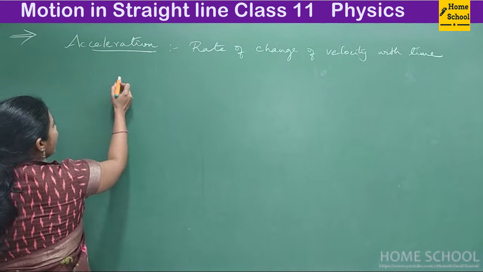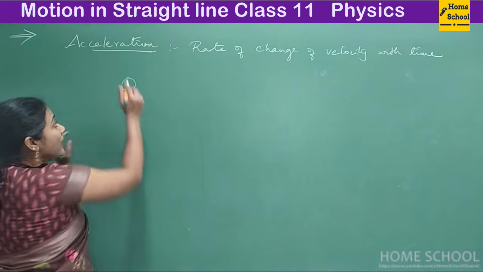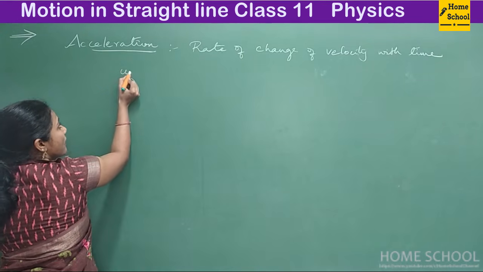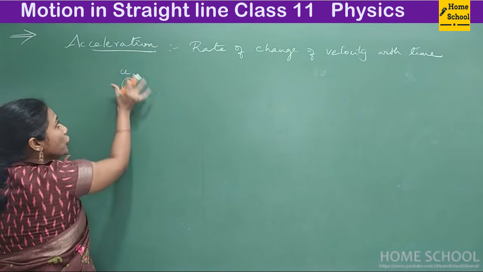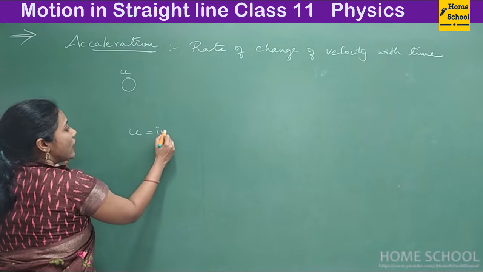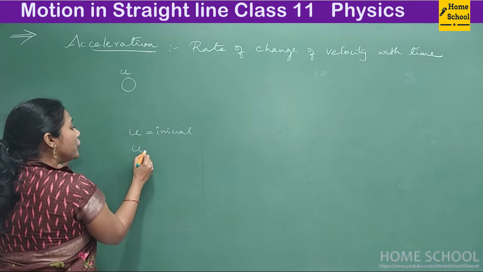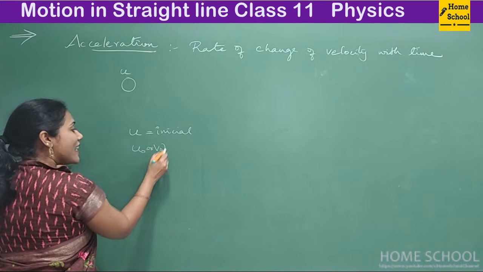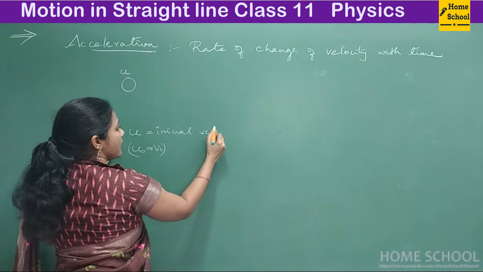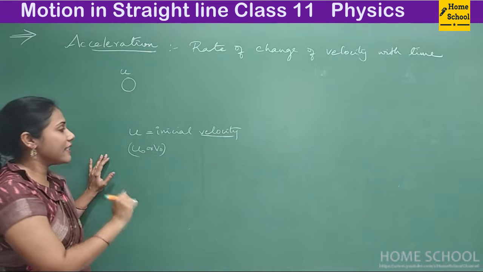Say suppose this is a ball and it is moving with some velocity, let that velocity be the initial velocity u. In your books they will consider u naught or v naught as initial velocity, but let me consider u as initial velocity, to understand the concept in the easiest way.